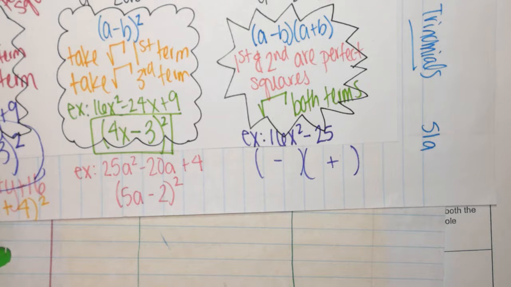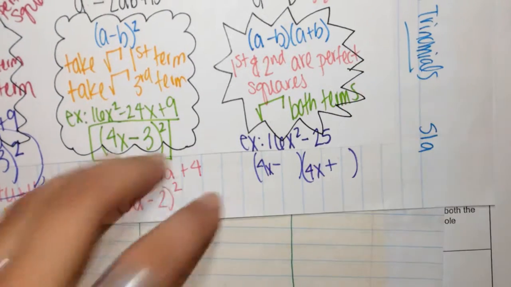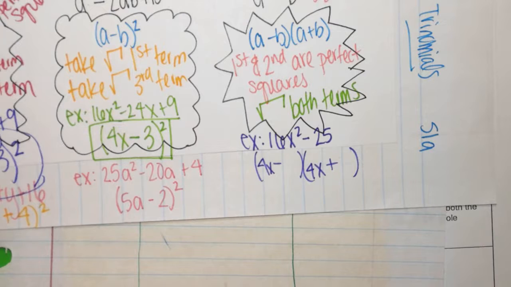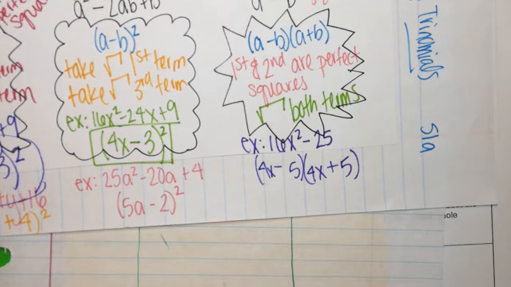Now, the first thing you do is take the square root of the first term. What is our first term? 16x squared. If I take the square root of that, what am I going to get? 4x. Then I take the square root of the second term. What's the square root of 25? 5. So I write 5 and 5. And that's it.